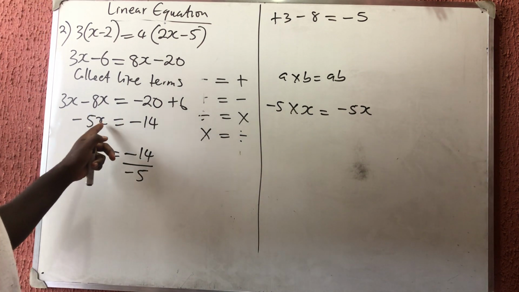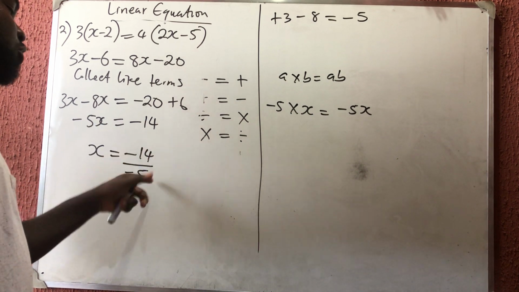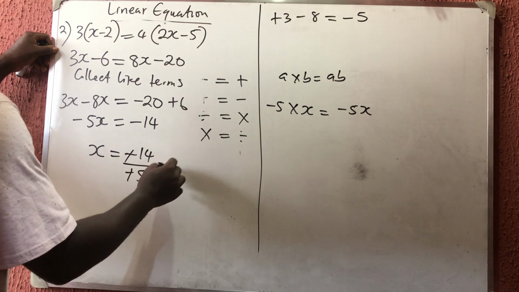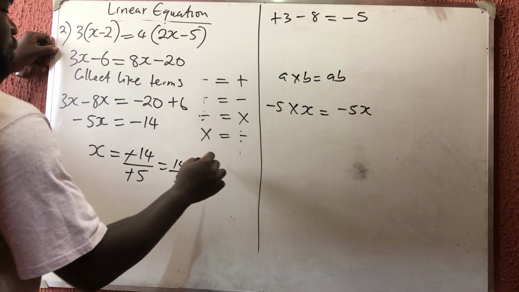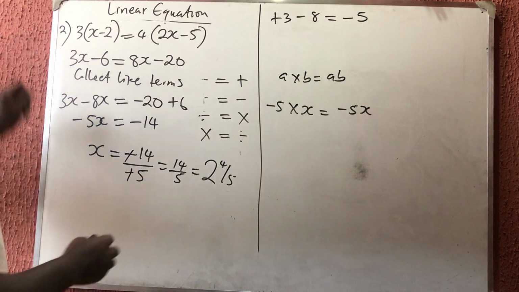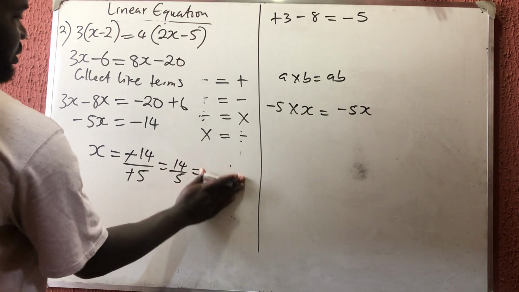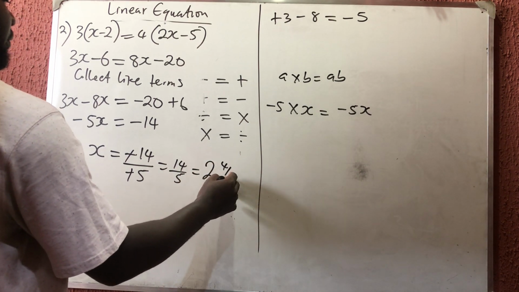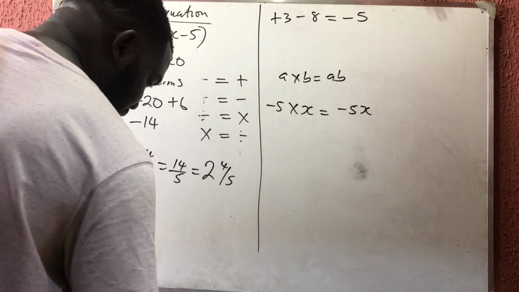So if that minus 5 that is multiplying x crosses to this side, it will become what? Division. Minus takes care of minus, so my answer is now 14 over 5, which will give you, I think, 1 whole number, sorry, yes, 2 whole number, 4 over 5. That is that for that.